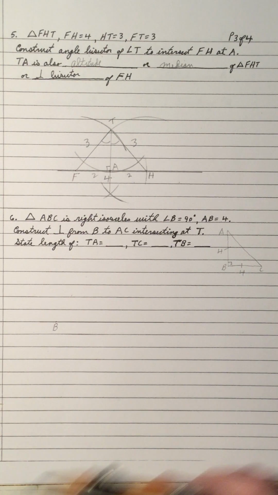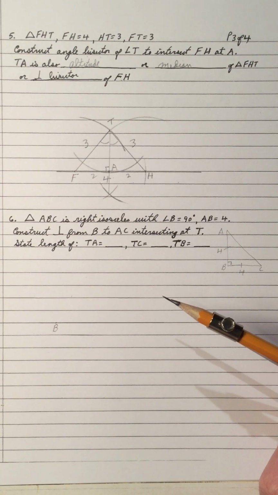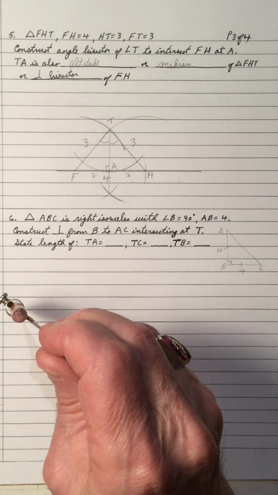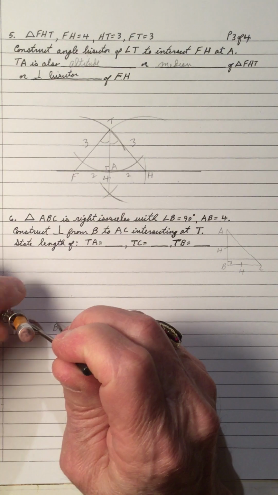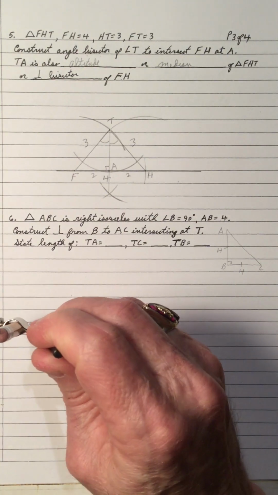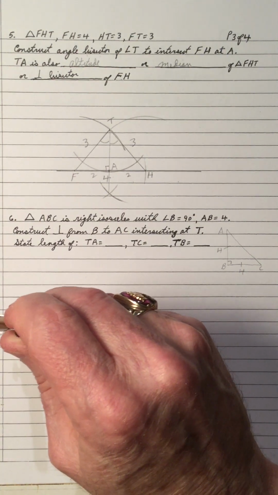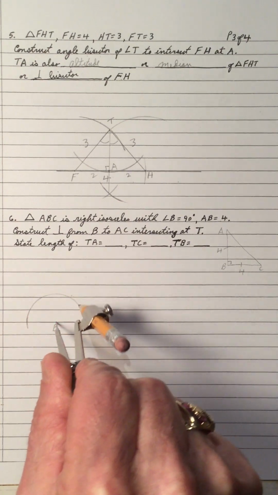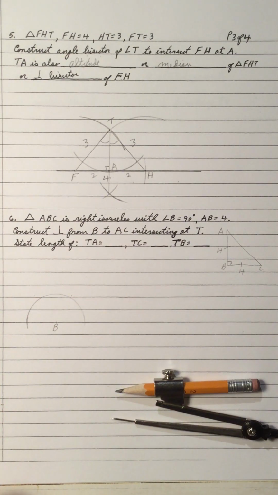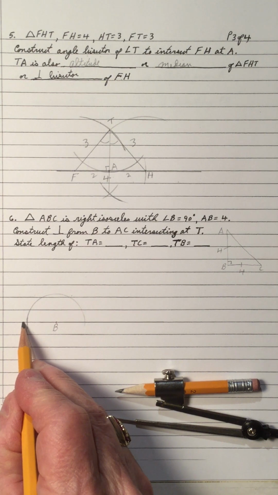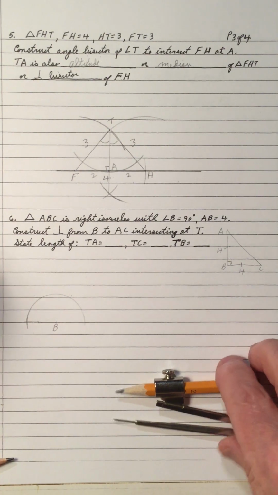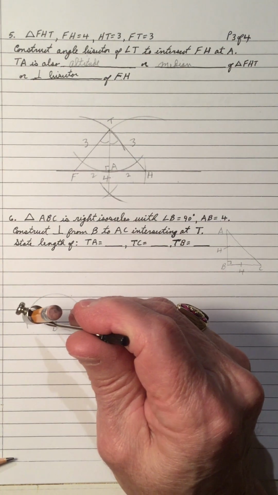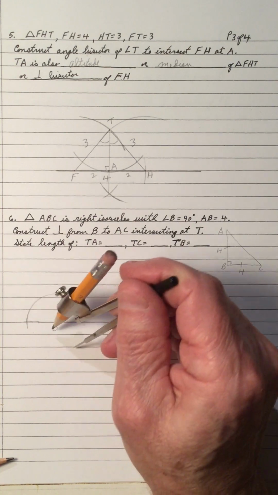So to do a right angle at B using a compass, I take my compass and I open it up. So it has to intersect the line. So there it is intersecting. So if I extend this line over, I could use a ruler, but I'll just do it by hand right now. So there it is extended. If I want to draw a perpendicular from B, the perpendicular is going to come up here.